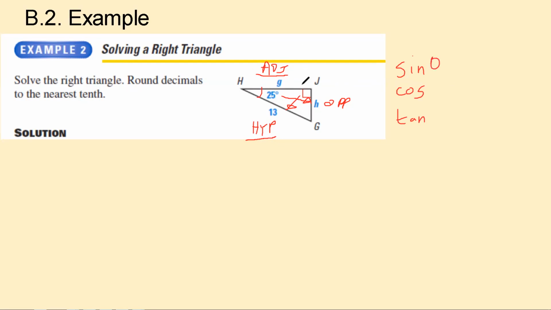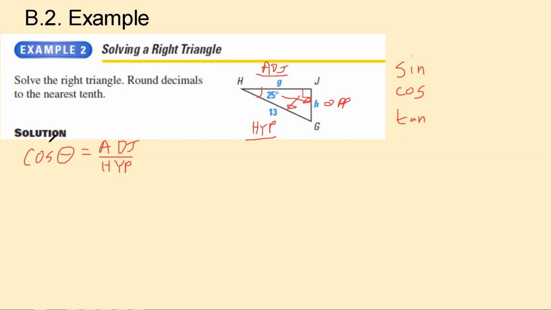So remember, the cosine of any angle is adjacent over hypotenuse. So the next step is you have to identify which trig function, sine, cosine, or tangent, relates the one you're trying to find with the known side.